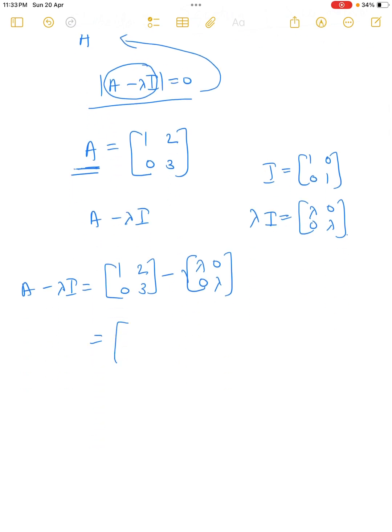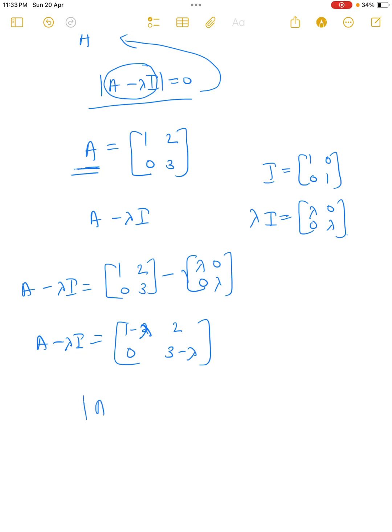So we can subtract these two matrices, that is 1 minus lambda, 2 minus 0 is 2, 0 minus 0 is 0, 3 minus lambda. This matrix A minus lambda I is called the characteristic matrix.